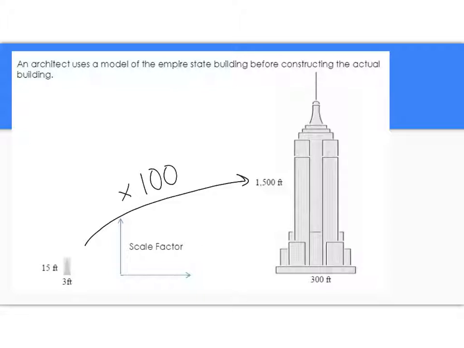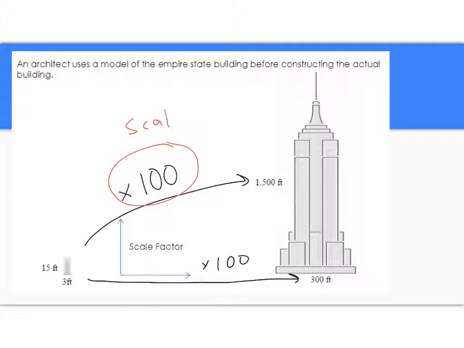And then you want to see if that holds, because I also need to go from 3 to 300, but it does hold, because 3 times 100 gives me 300. This number 100, this is the scale factor. And that's what you're going to be figuring out in the following problems.